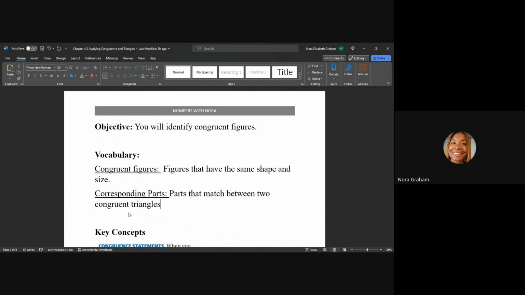We're going to be using both of these definitions pretty hard in this chapter. Usually to prove congruent triangles, you're going to have to show that they're congruent figures. And then also congruent figures leads into corresponding parts, but we'll get more into that later.